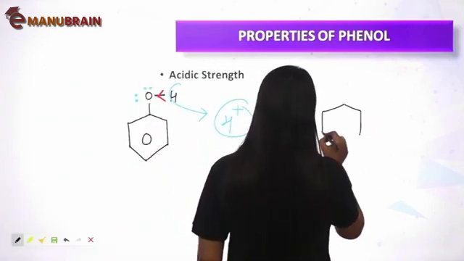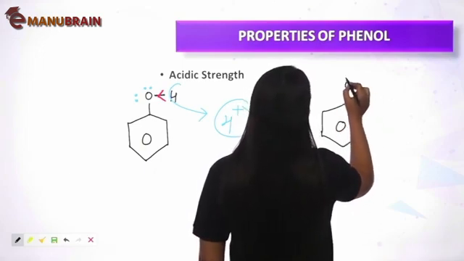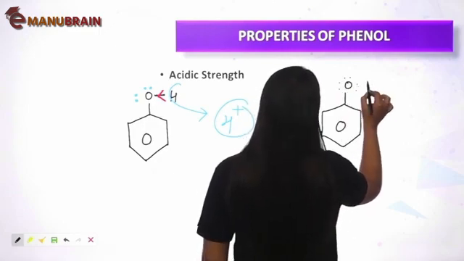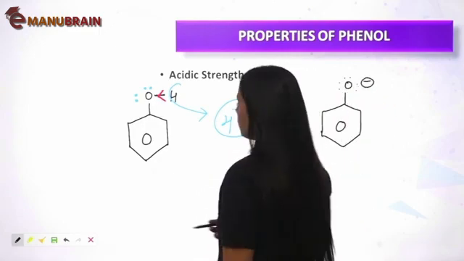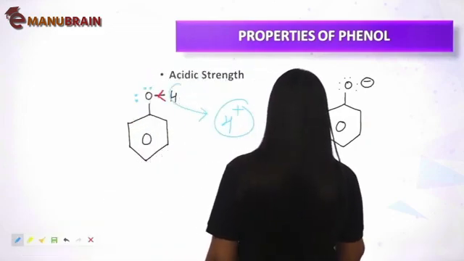Any substance that is capable of giving H plus ions is known as an acid, and here the anion that is formed in this example is known as your phenoxide ion.